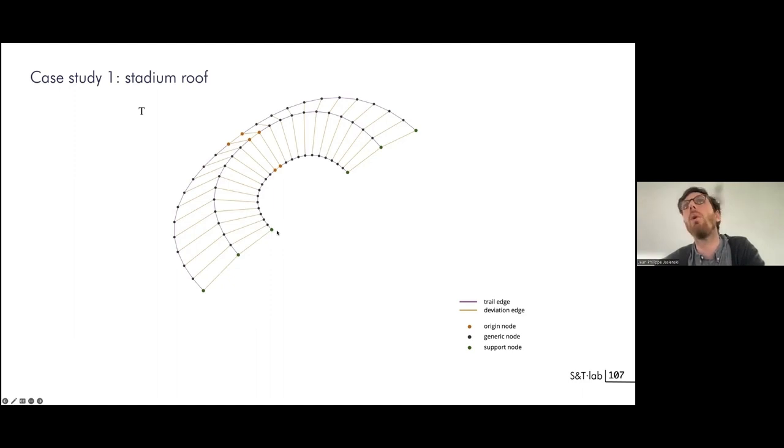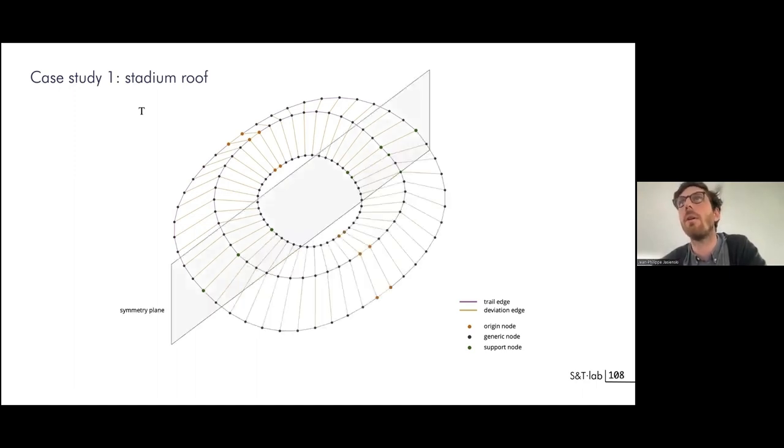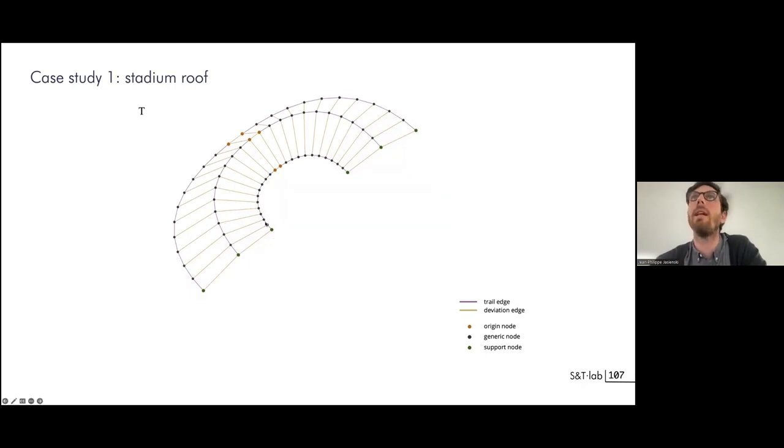In these points, we impose the force to be totally horizontal, so that with the symmetry of the structure, you have equilibrium at the node, because you will have two facing horizontal forces of the same intensity. And so that allows you to make a symmetrical structure. You can see that the trails go from the origin to the support, and you have all the deviation.